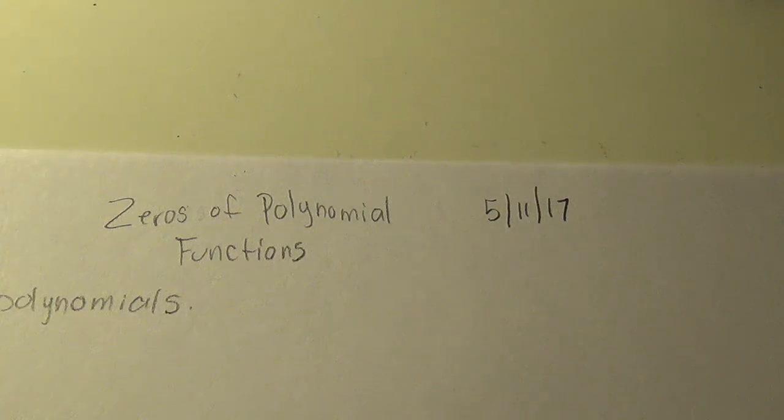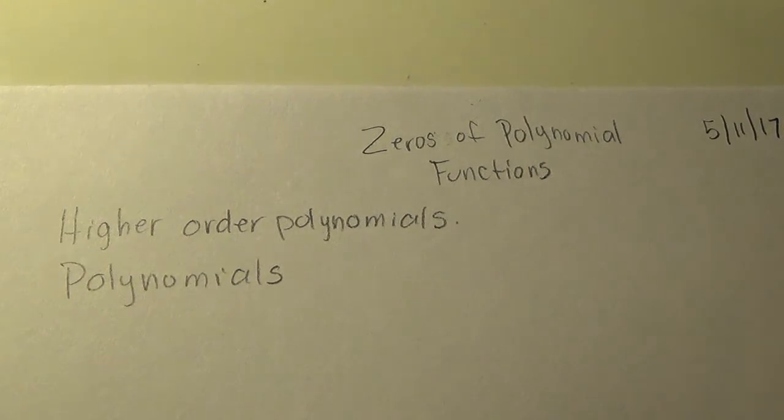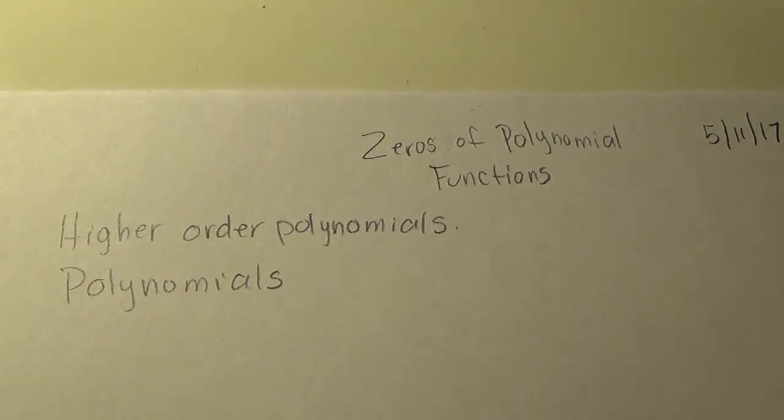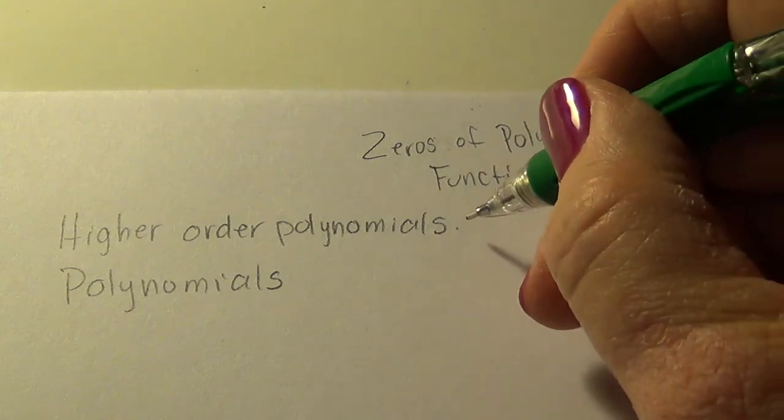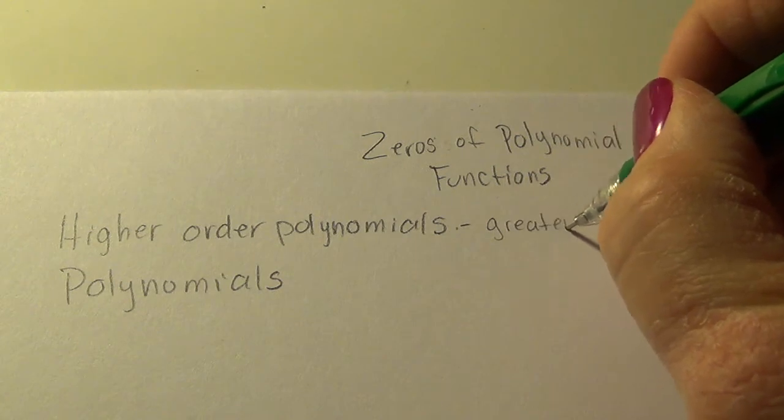PreCalc, Thursday the 11th. We're looking at zeros of polynomial functions, and we have to remember what a polynomial is and then what a higher order polynomial is. A higher order polynomial is greater than degree 2.